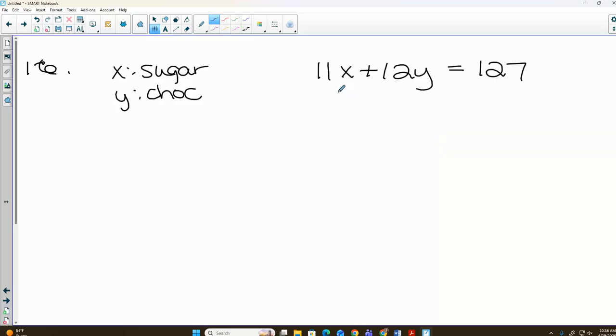Stephanie had 1 sugar cookie, 14 chocolate chips, so 14y, and that was equal to 89. And then how would you finish it from here? Substitution or elimination. Either solve for x in the bottom one, or maybe multiply the bottom one by -11, and you should be able to solve. And then once you do that, you should get that your x is $5, y is $6.